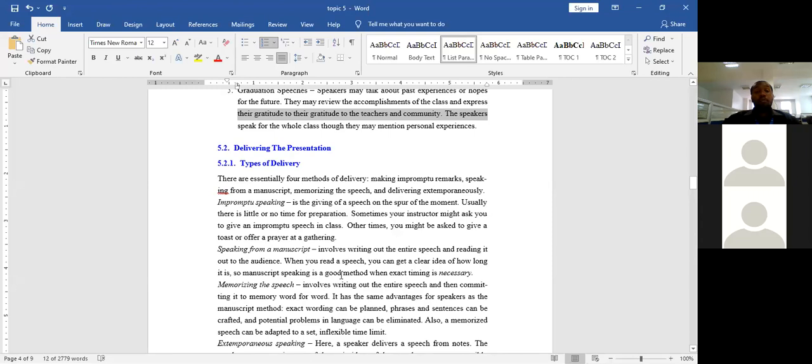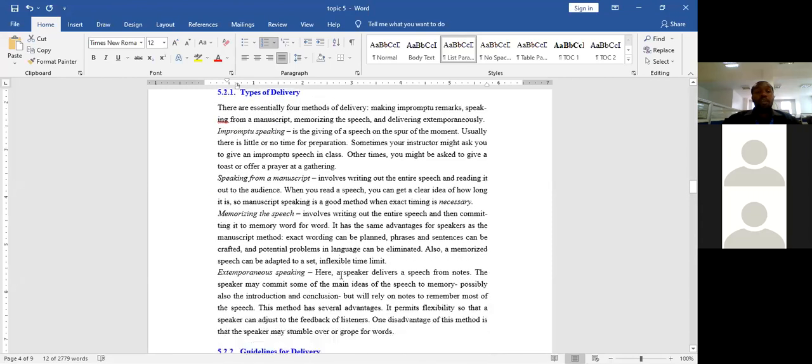Also, another type of delivery, we have speaking from a manuscript. This simply means that a speech has been written for you. So your job is to read that speech until you finish. And this one is not a good way of reading. When you read a speech, you can get a clear idea of how long it is.